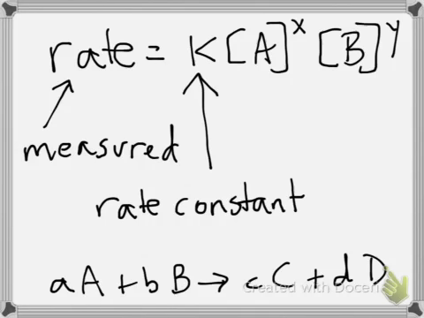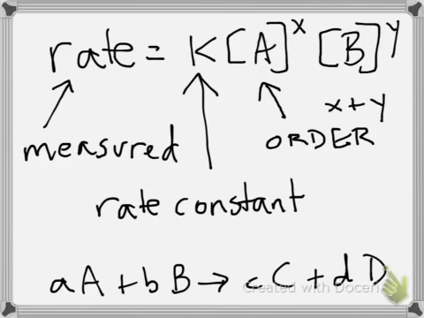Okay, here obviously is the concentration of A raised to some power X. We call this the order. X and Y are the orders of the reaction. Basically, this tells me how many of these reactant molecules interact in the slowest step of a mechanism.